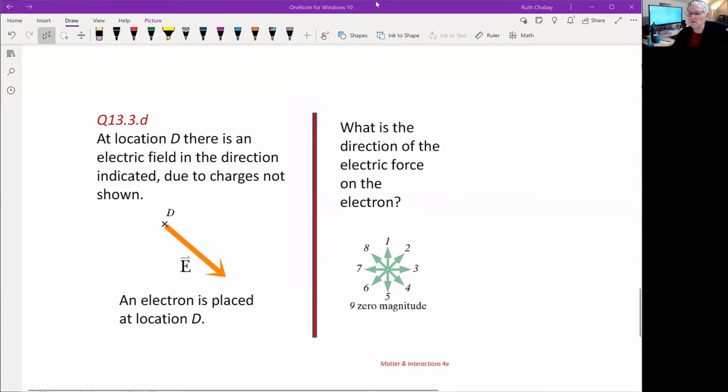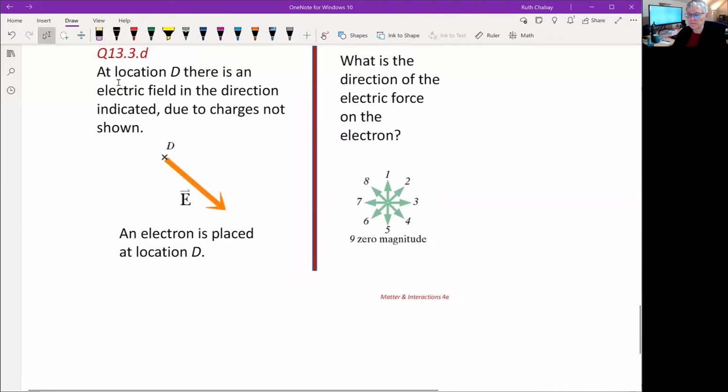And I think we need to think very carefully here about system and surroundings when we're thinking about this question.